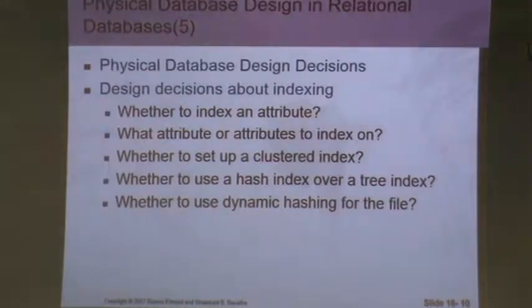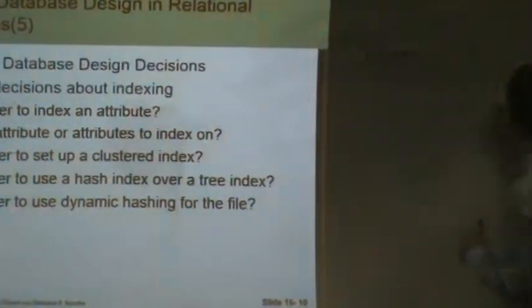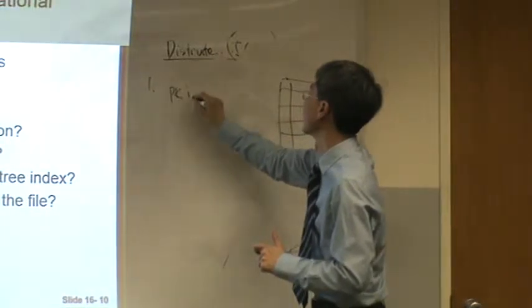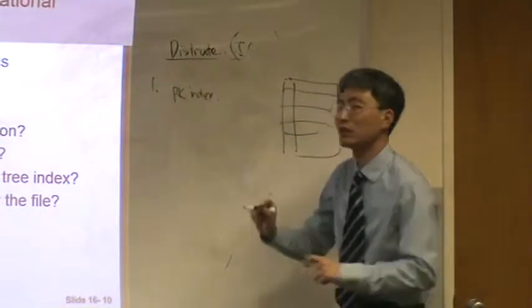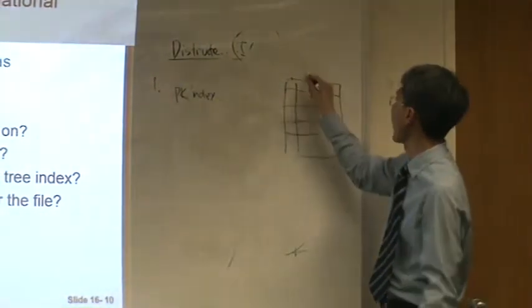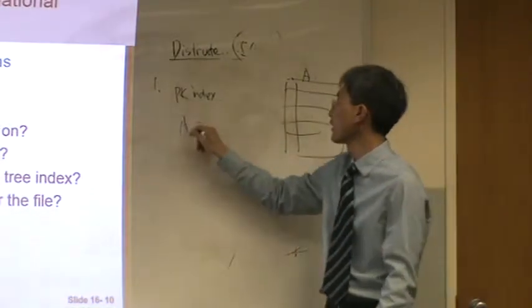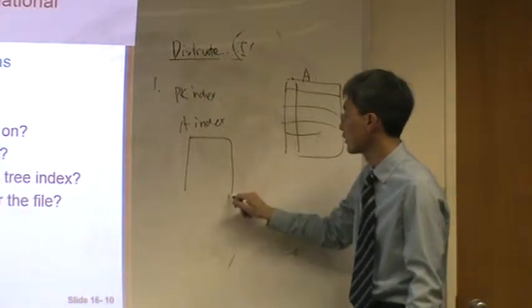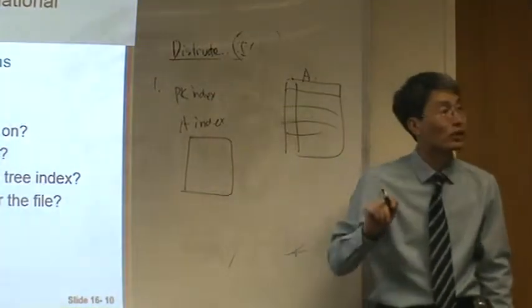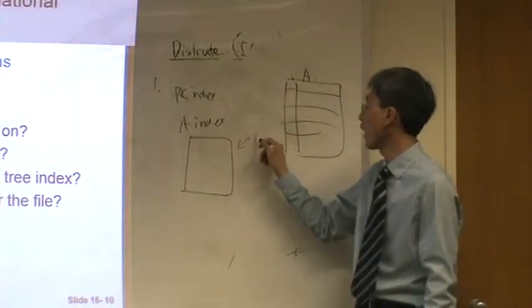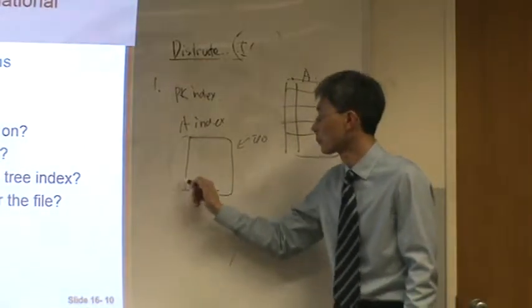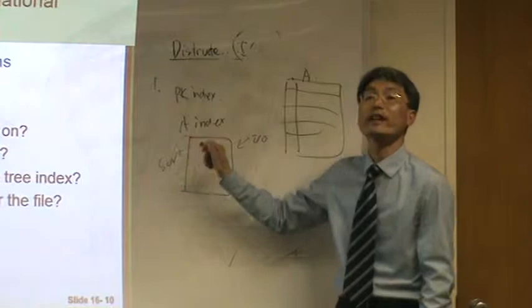So we have the employee table. This one has the default primary key index. If I create an index on attribute A, it has storage, and it also requires I/O. Also, you need to sort the data.